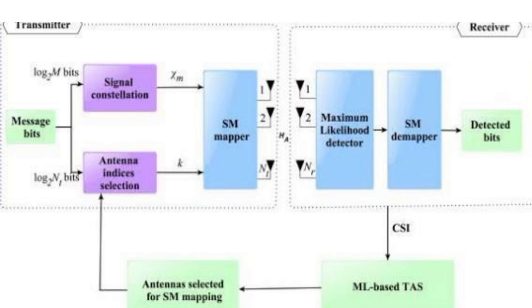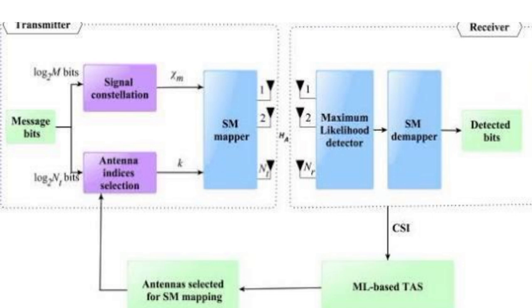Here you can also see the detailed diagram of the maximum likelihood method in antenna beam selection. The signal constellation and antenna beam indices are mapped by the SM mapper and then transmitted. At the receiver end, we have the maximum likelihood detector, and then the SM demapper demaps your signal.